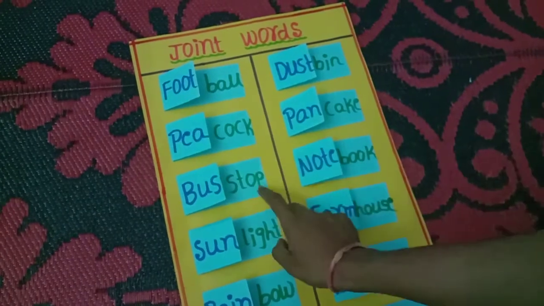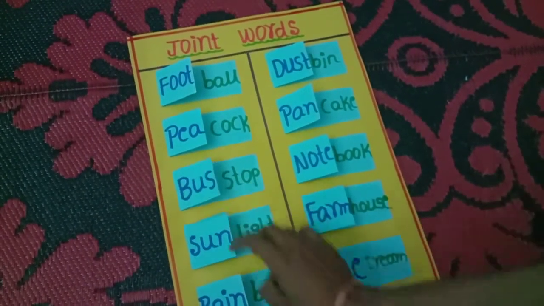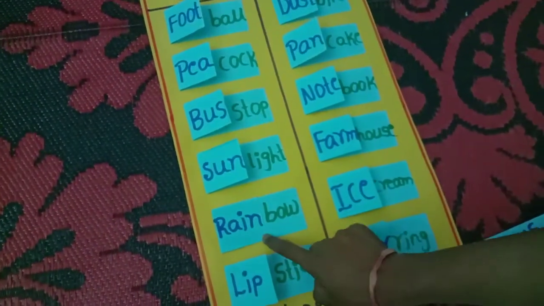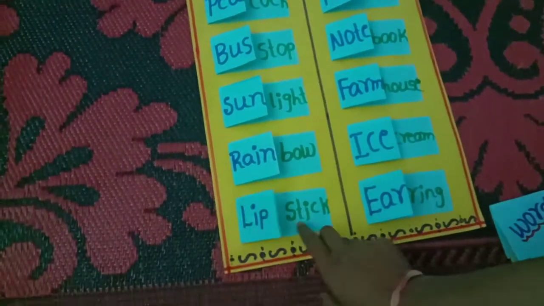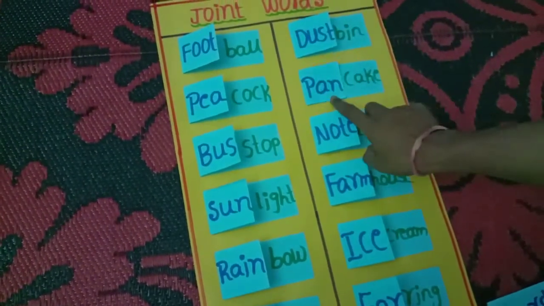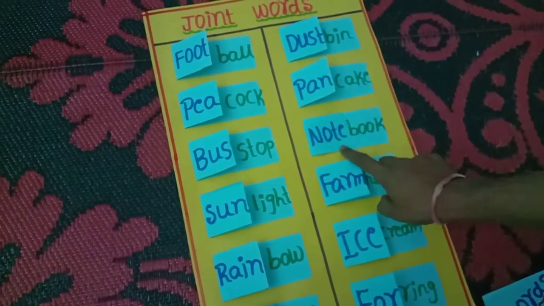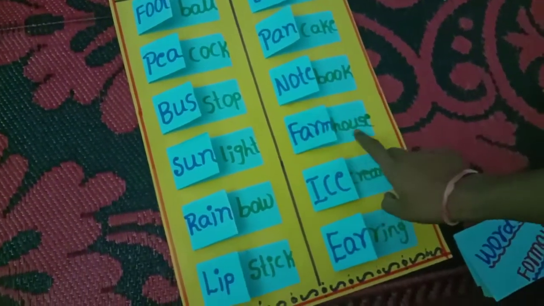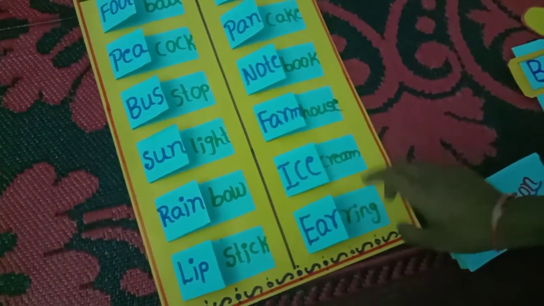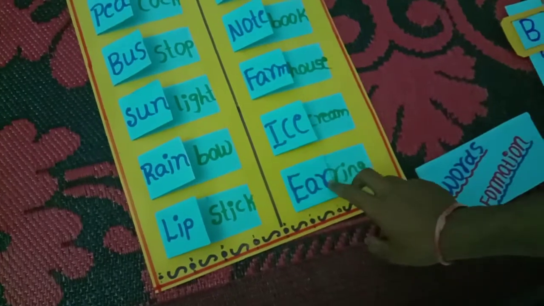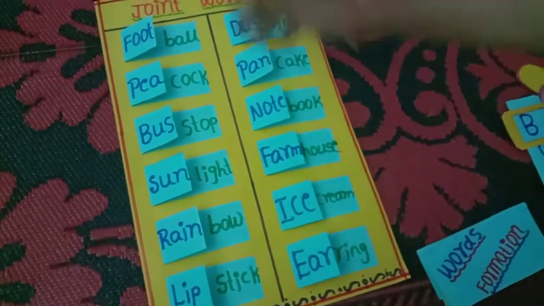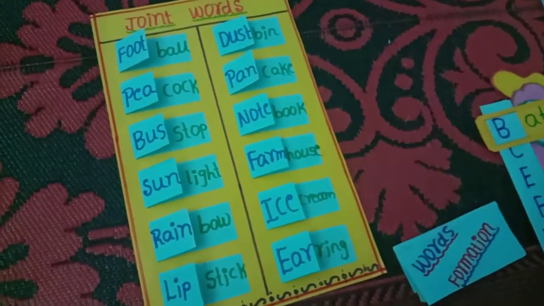Peacock, bus stop, sunlight, rainbow, lipstick, dustbin, pancake, notebook, farmhouse, ice cream, earring. So these are the different types of words. We can make joint words, we can call it, and we can frame as many words as we can.